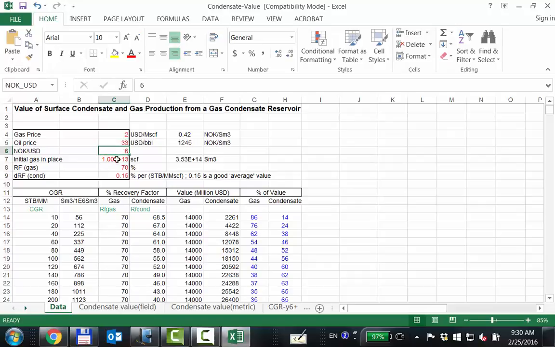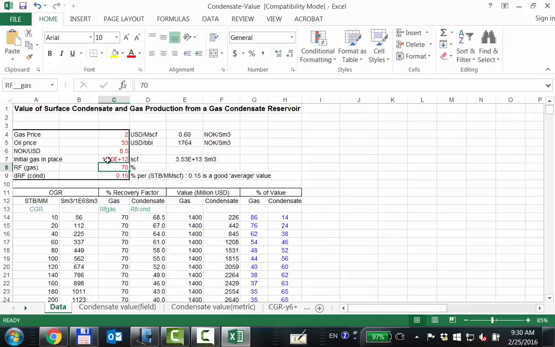See the exchange rate? Last time I used this sheet it was down around 6 crowns per dollar, and now it's more like 8.5. So this is to get both crowns and dollars for those who think in the different. This is an arbitrary initial gas in place. I've written 10. If we write 1E12, that's a trillion standard cubic feet. That's for a North Sea field.